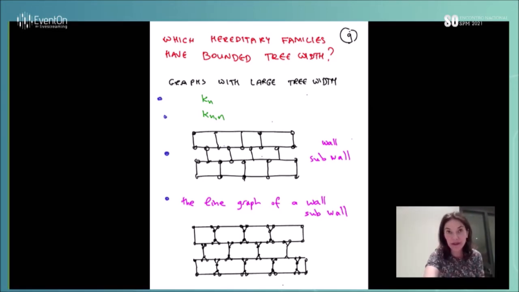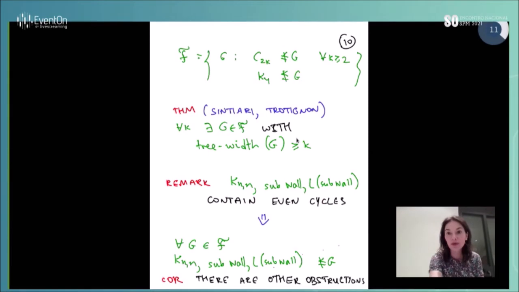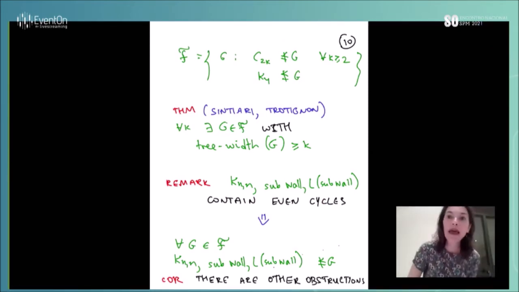So what they took is a much more restricted family than just forbidding this and that, and they could still prove that it doesn't have bounded treewidth. So the complete list is much more complicated than what I showed you. So that means there are other obstructions.